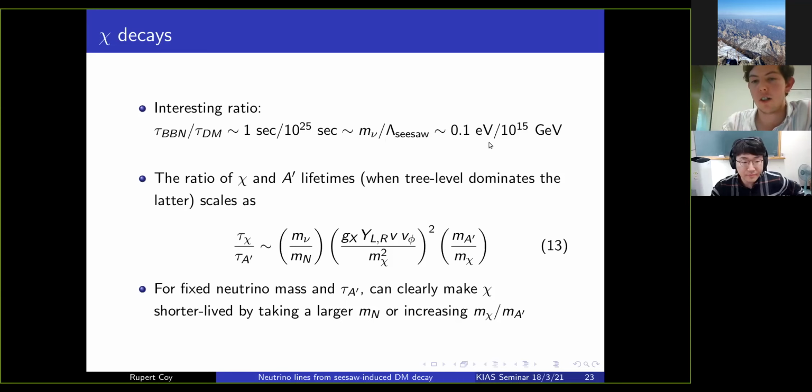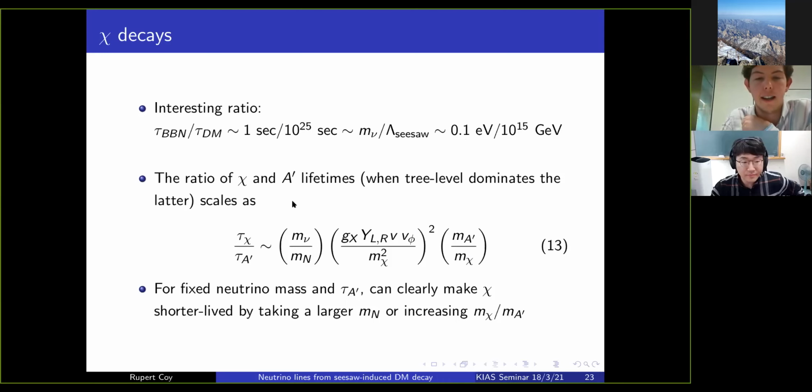Both of these ratios are 1 over 10 to the 25. So it means that if you have some 1 on Mn squared suppression of one decay relative to another, then that ratio roughly gives you the difference between dark matter that's just long enough lived to avoid constraints and something that's just inside BBN.